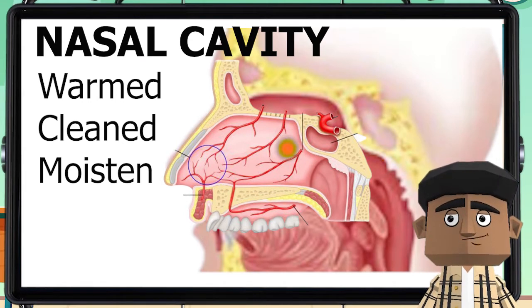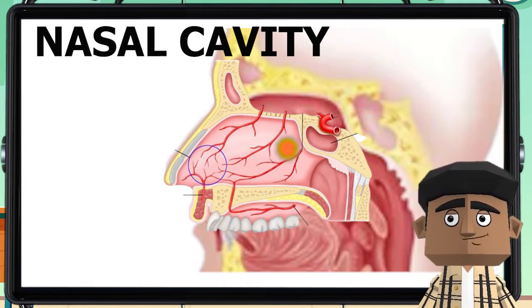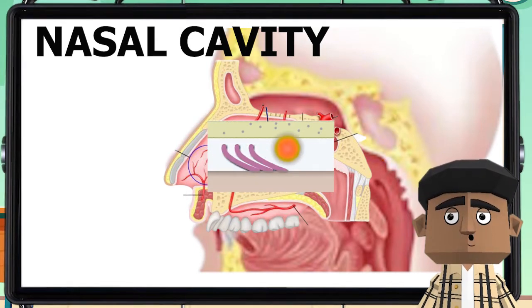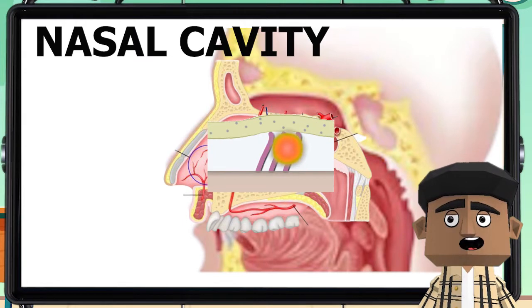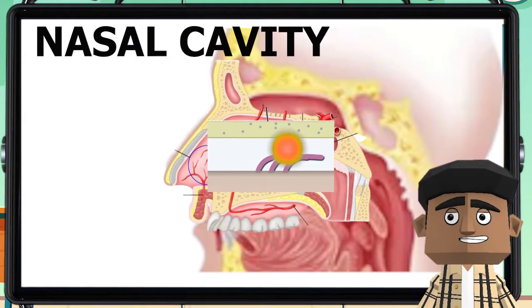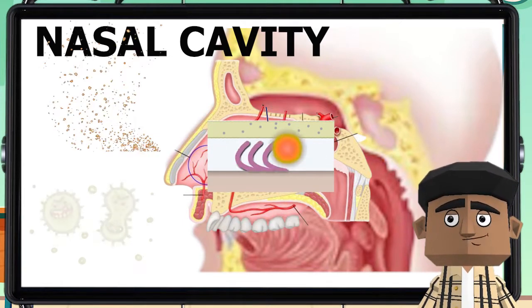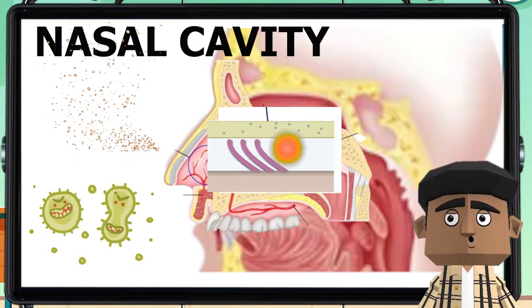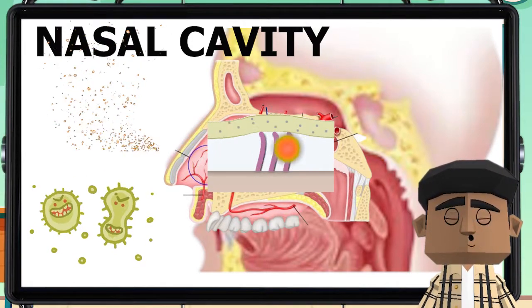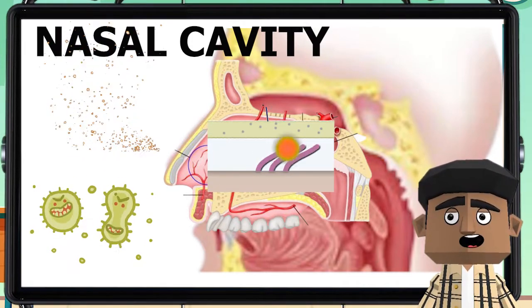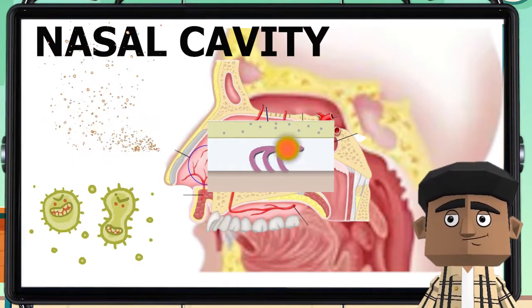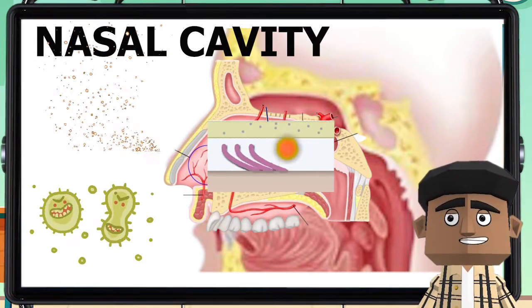And if we zoom a little bit closer to the microscopic level, we can see that the nasal cavity is also lined with structures called cilia and mucous membrane. The mucous membrane helps in trapping foreign particles such as dust and bacteria, while the cilia, the microscopic hair-like structures, help sweep the foreign particles out of the respiratory system.